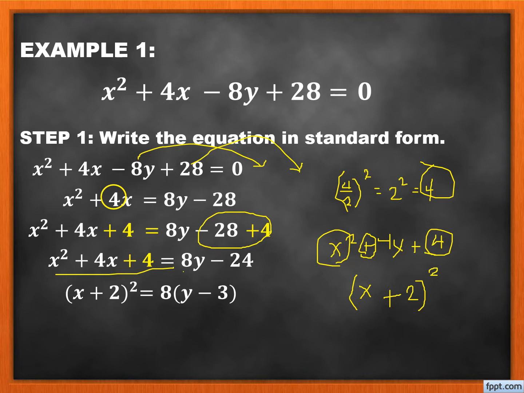How about the factors of 8y minus 24? Simply get the greatest common factor of 8y and 24, and that is 8.